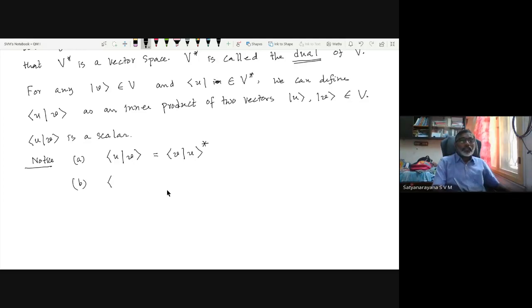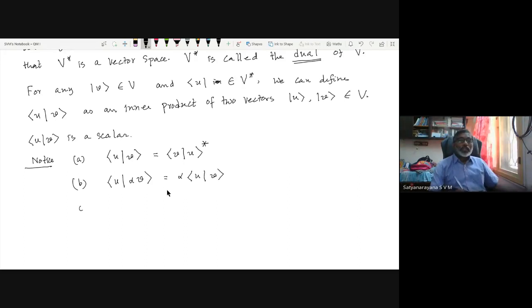Okay. Secondly, suppose I have U into alpha V, where alpha is some scalar. This is the same as alpha times UV. Okay. This is linear. That means I can pull alpha out.